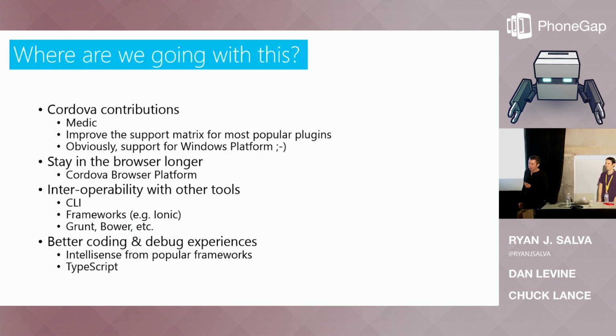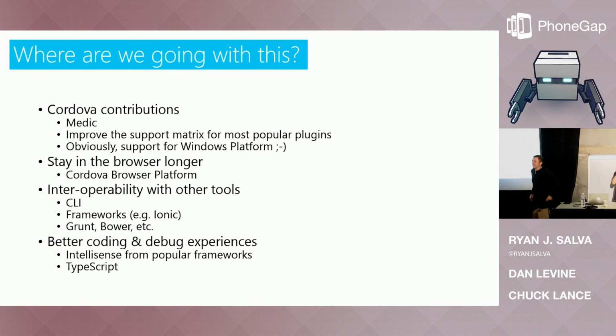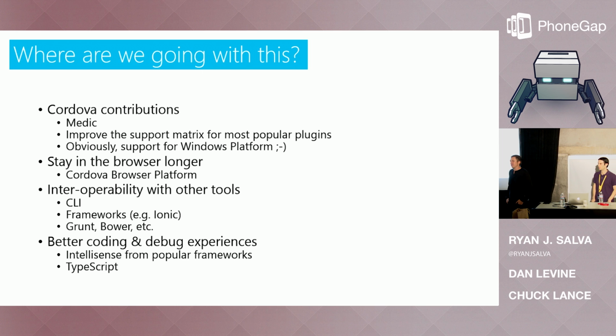Question, so are there certain applications where it's still not the right place to put in Cordova, Apache? Yeah, that's a good question. So the question was, are there some application types that are not appropriate for Apache Cordova apps or hybrid apps at large? And the clear answer is yes. There are entire classes of applications that are not suitable for hybrid application development.